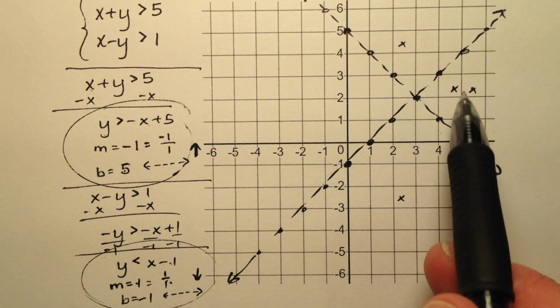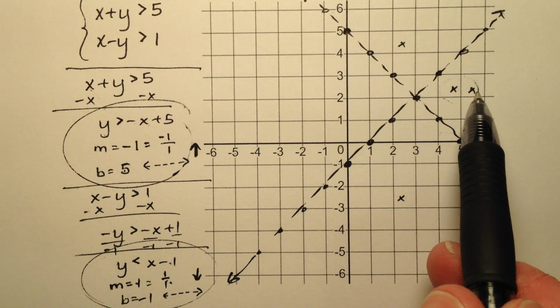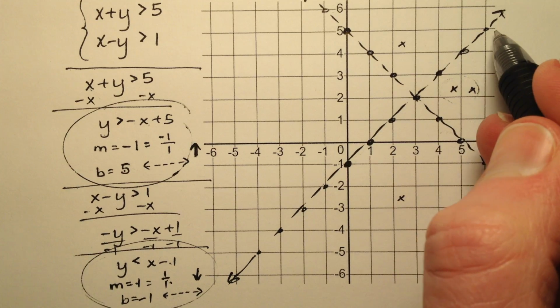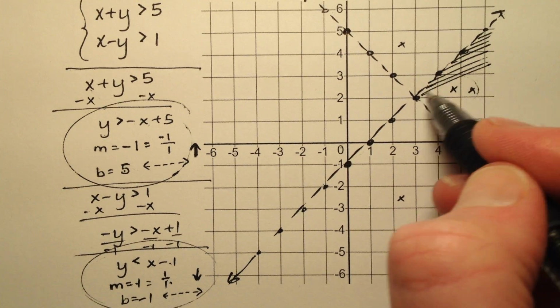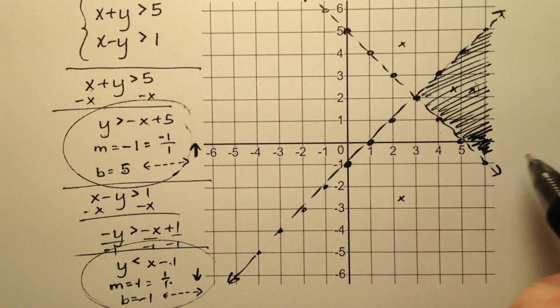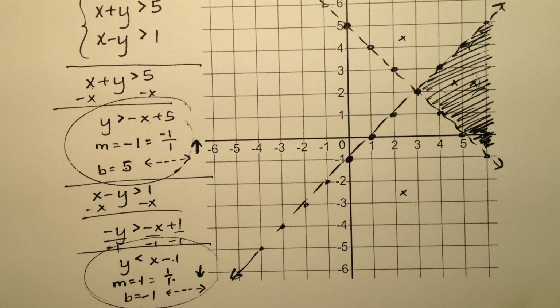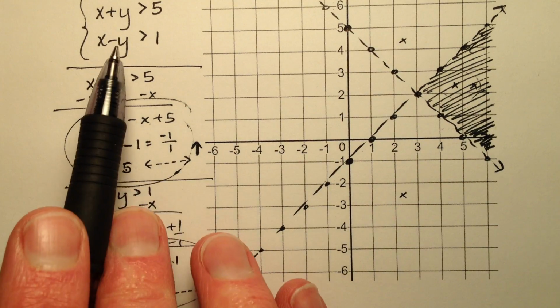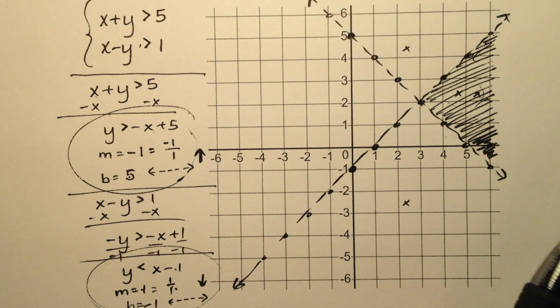It appears like here is my duplicate region, so here's where they overlap, which means this region is a solution set to both inequalities simultaneously, so that's where I'll shade. And this right here is the graph for this system of linear inequalities.